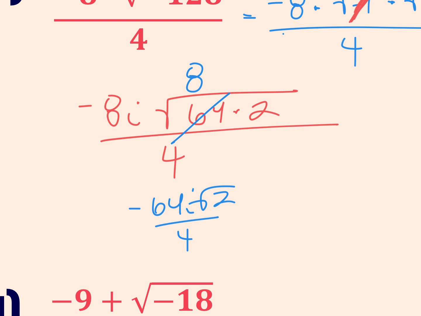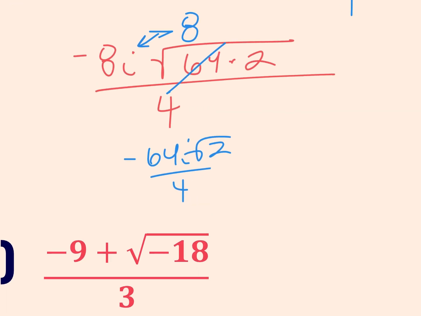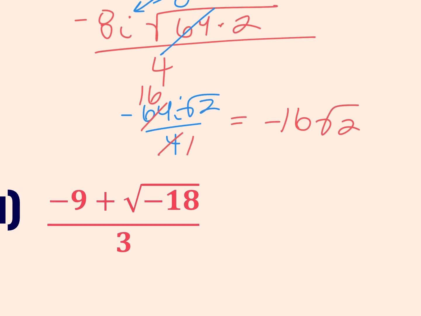And then what can I simplify? No, 8 times 8. So what can I simplify here? Divide what? Top and bottom by 4. Okay, so this becomes a 1 on the bottom. And 64 divided by 4 is 16. So we have negative 16 square root of 2.